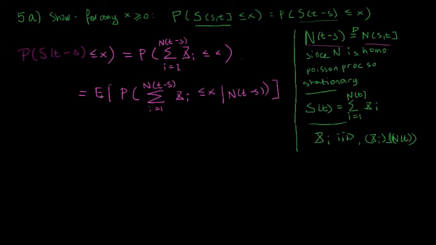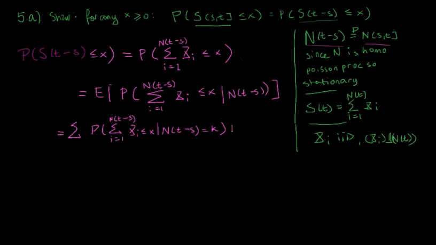Since N is a discrete stochastic variable, we're essentially taking the mean value of each of these for each different outcome of N of t minus s. So let's start by writing up the different outcomes: the sum of xi for i equals 1 to N of t minus s, smaller than or equal to x, given that N of t minus s takes on a different outcome k equal to 1 or 2 or 3, etc.